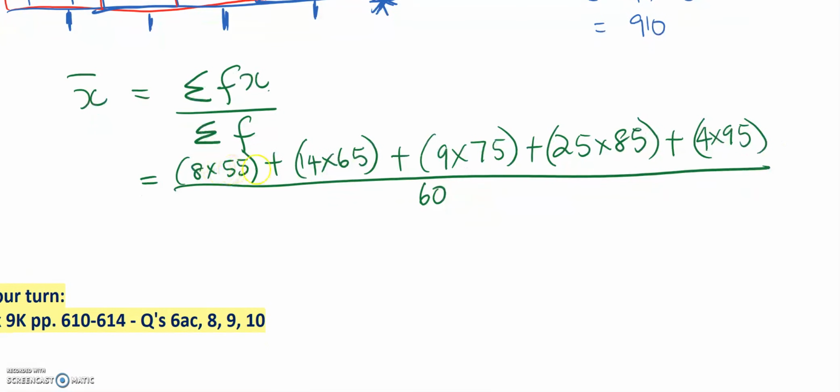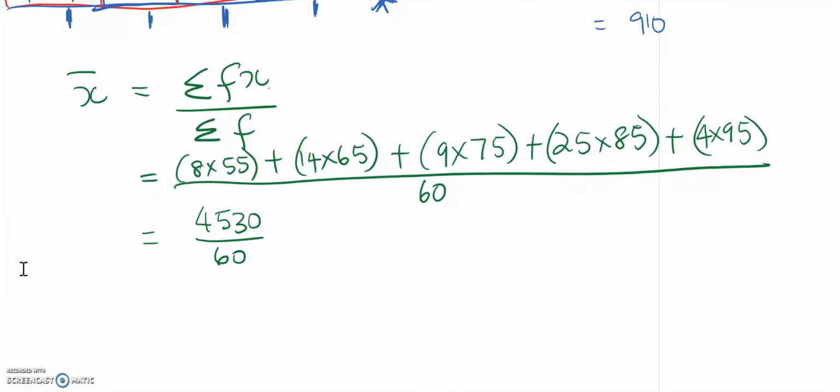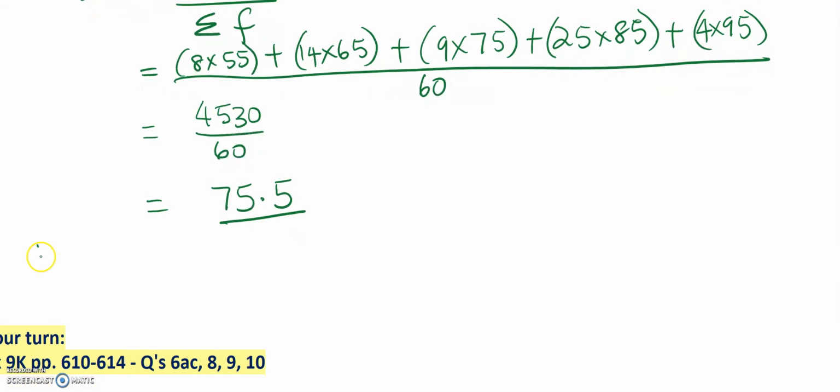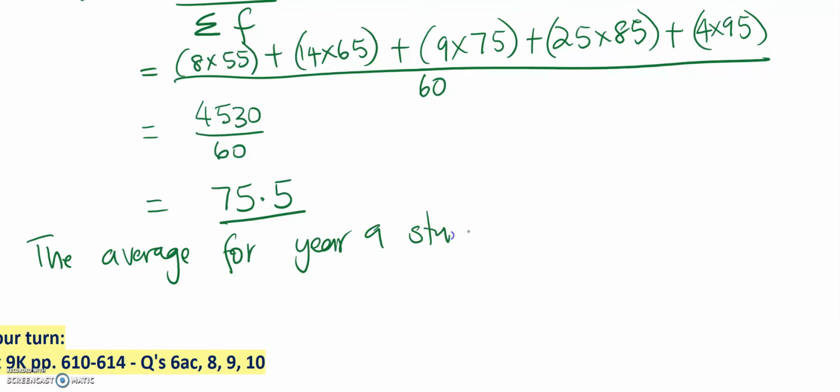If you multiply all of that and add them up, as we look at the table up here, it gives us a total of 4530. That divided by 60 gives us a value of 75.5. So the average mark for year 9 students was 75.5.